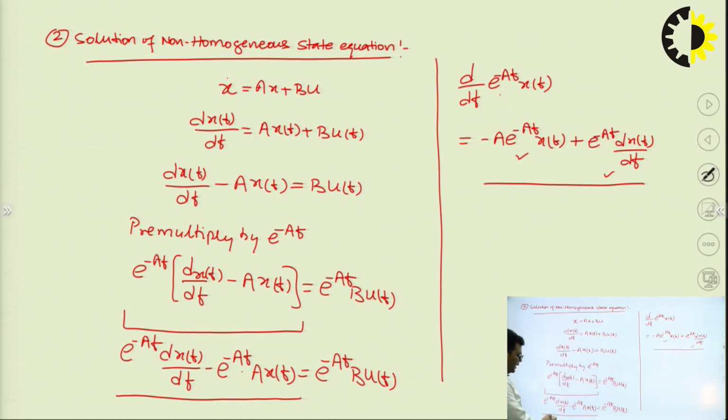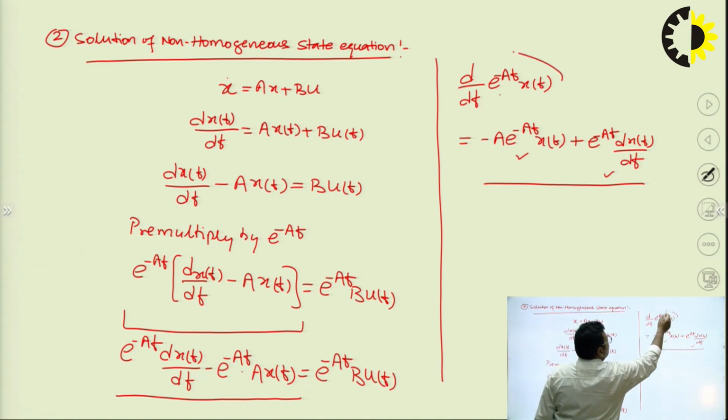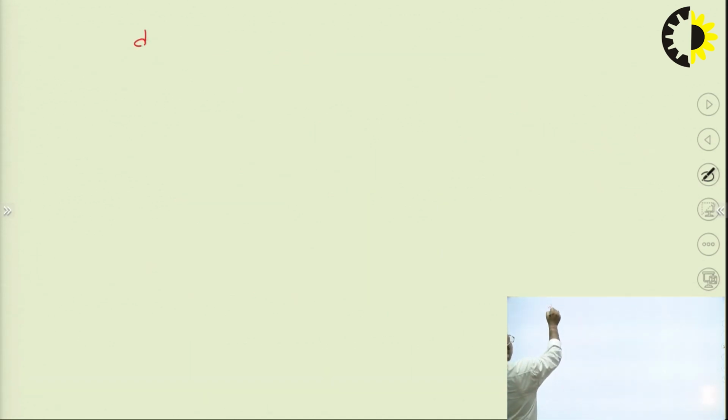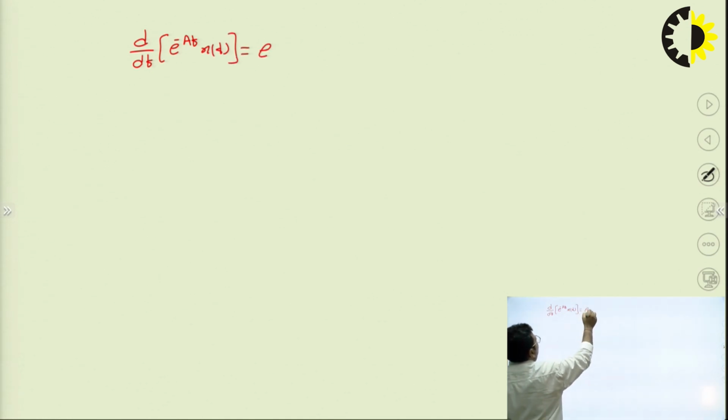Okay, so I can replace this term by the derivative of e to the power minus at xt. So I can write this as d by dt of e to the power minus at into xt is equal to e to the power minus at b u t, right?